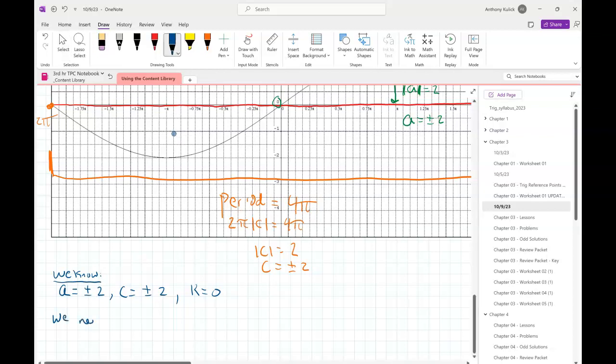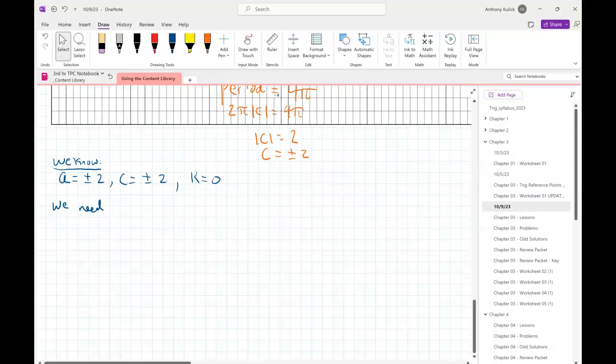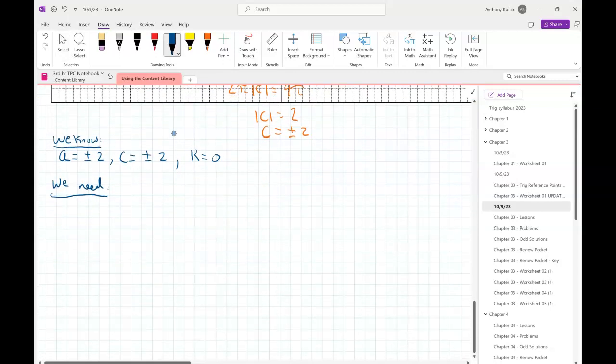So we still need to know the sign for A and C. We need to know H. We need to know whether we're going to do a sine or a cosine. All right, so let's start checking off some of these boxes here.